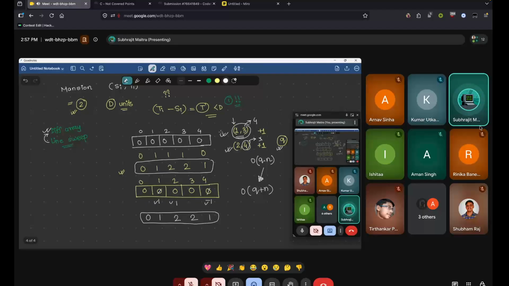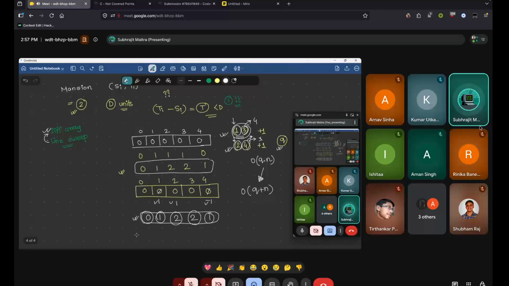Suppose a person entered the array at time 1 and left the array at time 3, and another person entered at time 2 and left at time 4. Then this difference array tells me that at a current moment at this index, how many persons were present inside the array. Same thing we need in that question also.